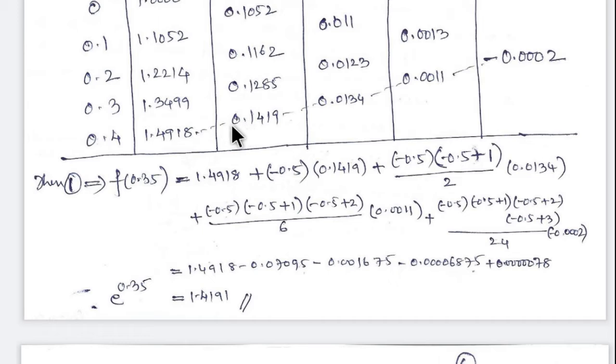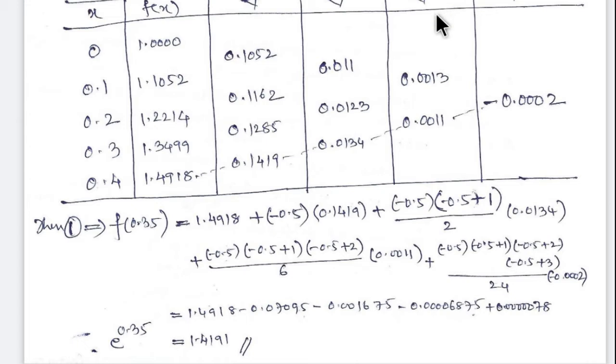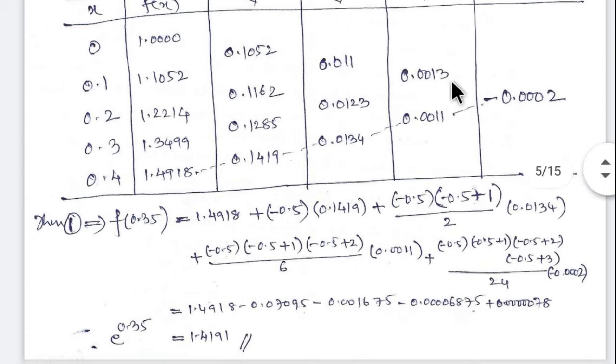Then again, 0.1419 minus 0.1285 gives 0.0134. Similarly, the third order difference is given by 0.0123 minus 0.011. It gives 0.0013.